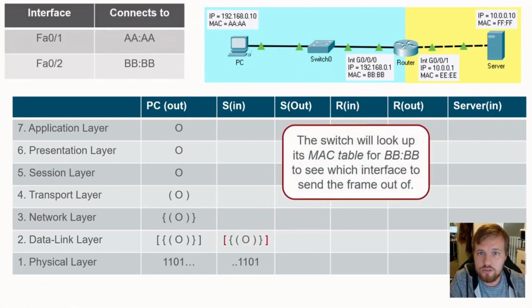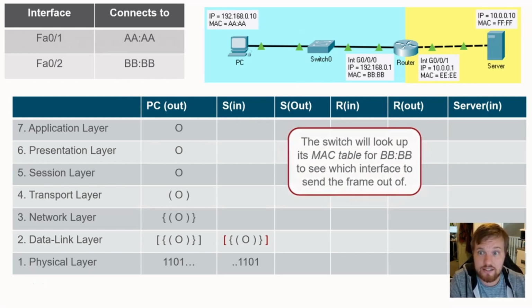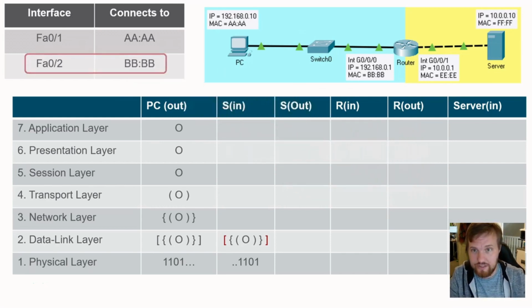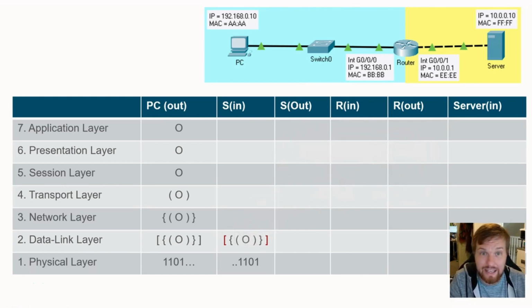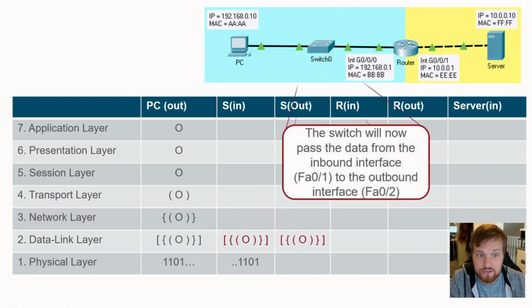The switch is going to look up something called a MAC address table to see if there is an interface that links to BB, which in this case there is. FastEthernet 0/2, this cable connects to that interface. So the switch is a layer 2 device, which means it doesn't actually need to look any further into any of these details. It doesn't need to go back into the network layer or anything.